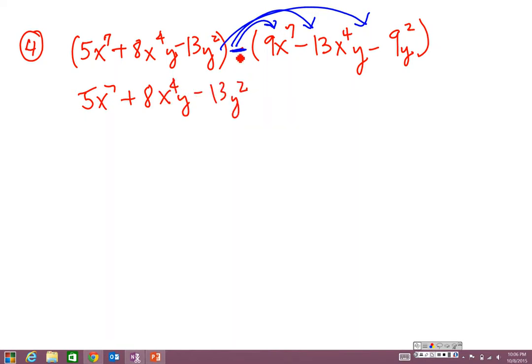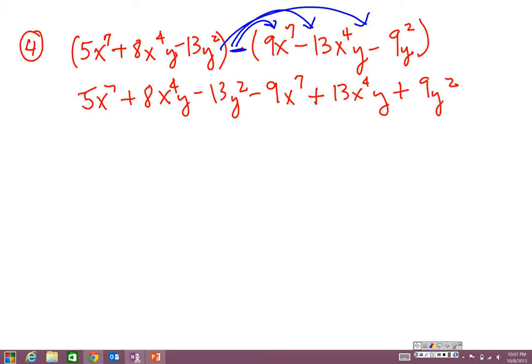Now let's distribute, because this is understood as a negative 1 times everything in this parenthesis. So we have minus 9x to the 7th plus, since negative times negative is positive, 13x to the 4th y. Then negative times another negative is positive 9y squared.